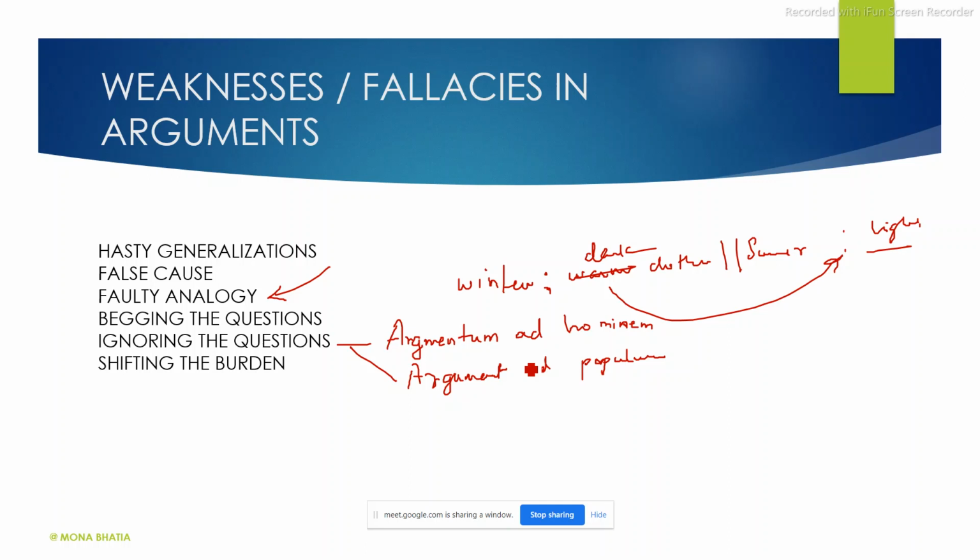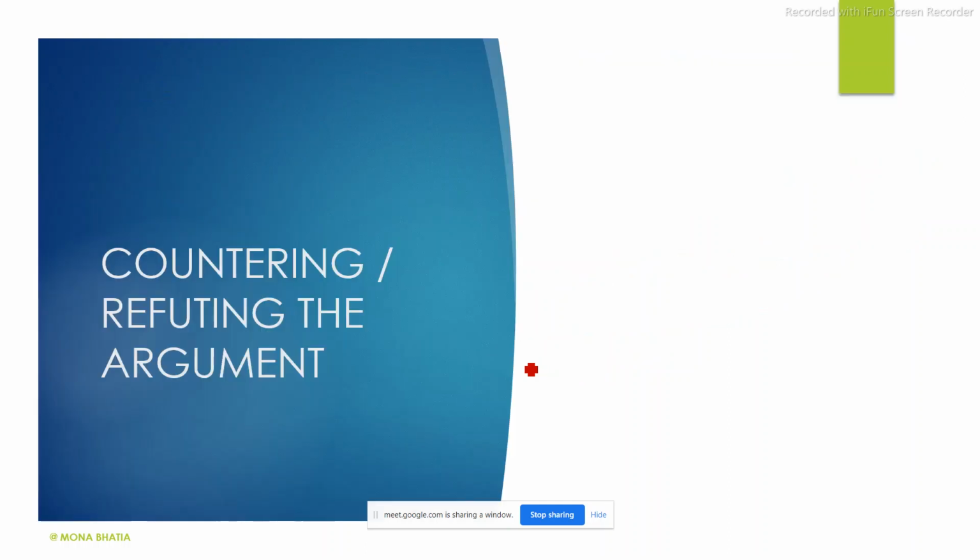Now, the next very important point is countering and refuting the argument. इसका क्या मतलब हुआ? जो आपका thesis है आपके argument का, it contains the seed of antithesis.